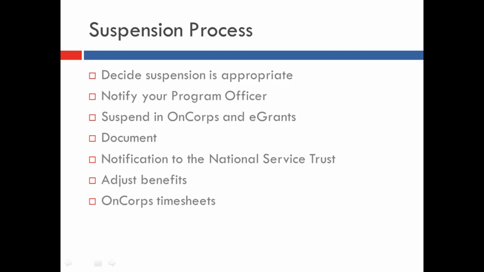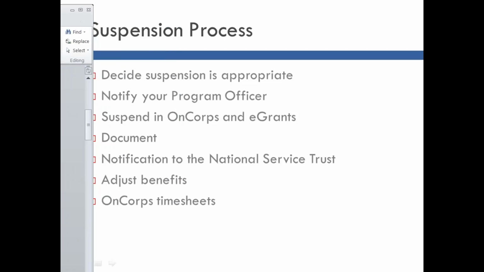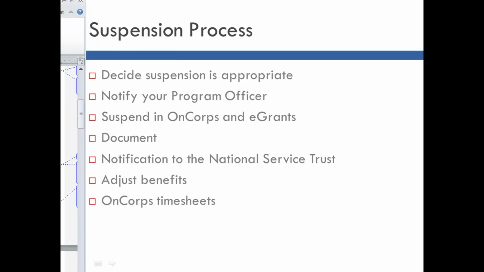And then lastly, note your expected reinstatement date for the member. Some programs don't know exactly when that might take place, but give your best estimate. It'll give us a sense of what we need to do to follow up with you, and also will be probably the question most program officers will ask if you don't provide that.